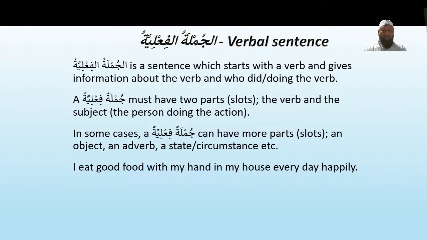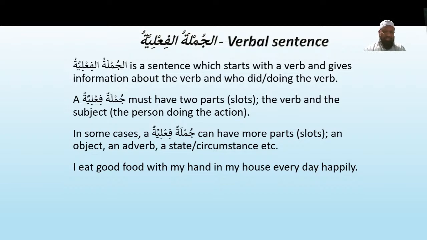Let's go through very quickly what is a verbal sentence, what is الجملة الفعلية. الجملة الفعلية is a sentence which starts with a verb and gives information about the verb and who did the action. جملة فعلية must have 2 parts, the verb and the subject.